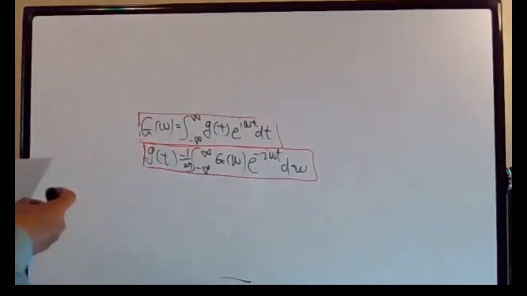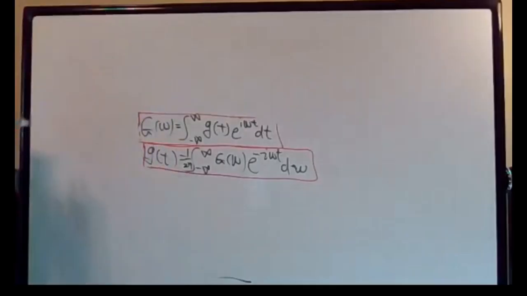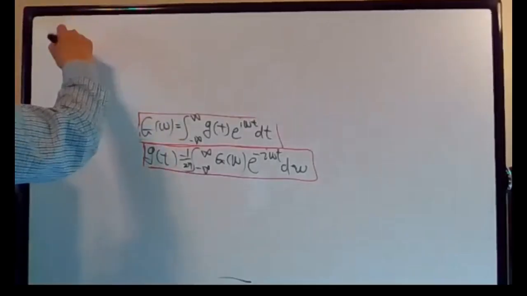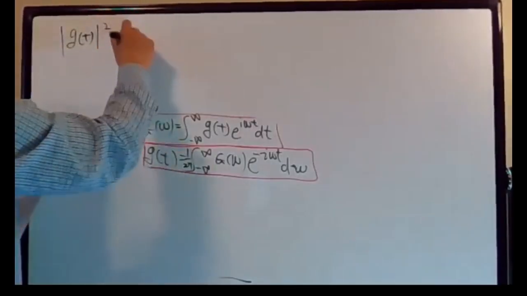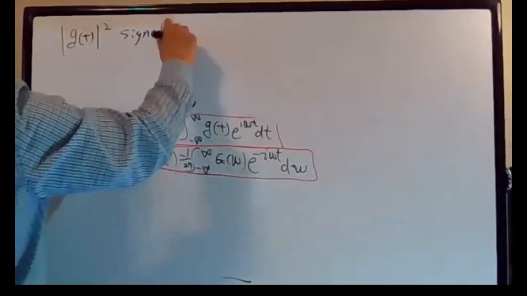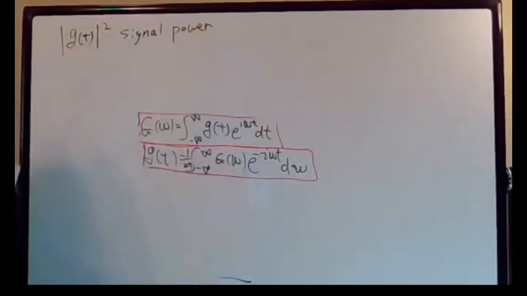Okay. So now we first define g(t) absolute value squared. It's the signal power in time domain.